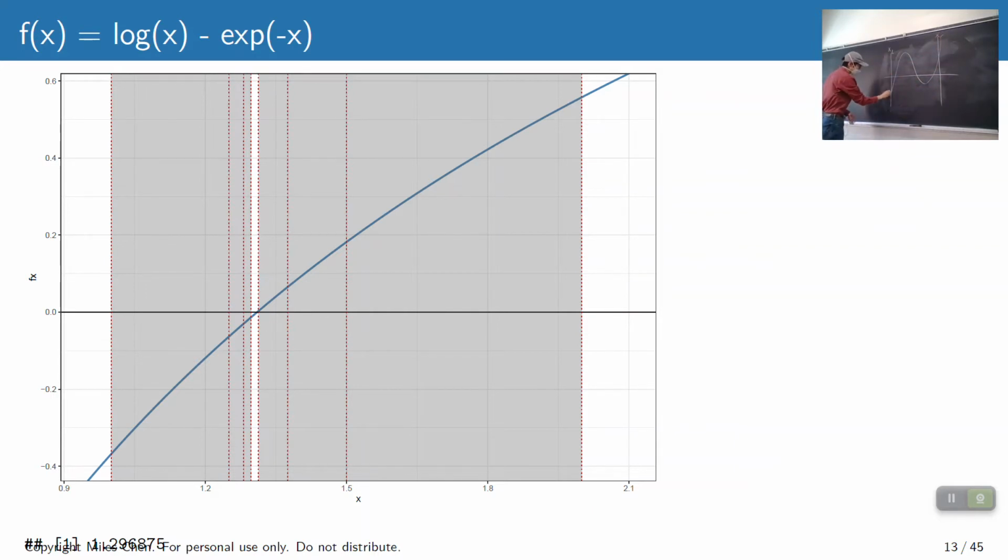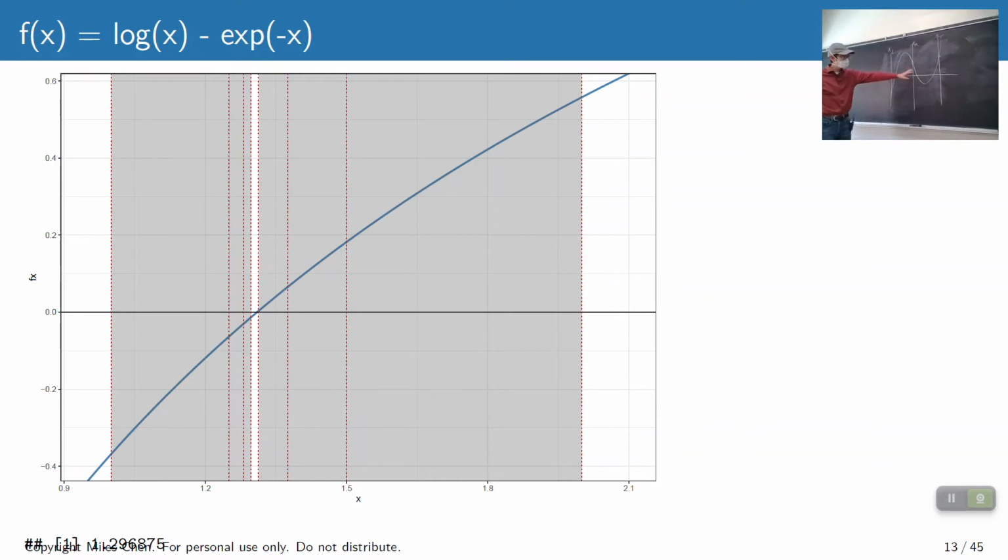So f at x on the left is negative, f at x on the right is positive, and we say, okay, there's got to be a root somewhere in here. And so you say that here's the midpoint, and we're going to calculate f at the midpoint. And as far as the algorithm is concerned, it's going to say the root has to be between here and here.